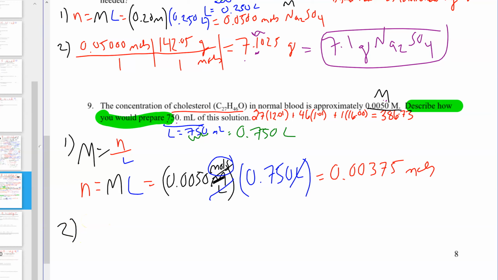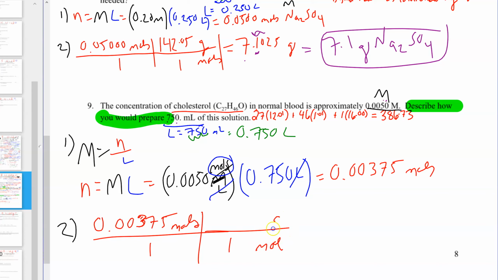So I'm going to take this number 0.00375 moles, put it over 1, and then we want to get rid of mole and go to grams. You got to go to your periodic table. I put the math in right here. So 27 times carbon's mass, C27, 46 times hydrogen mass, that's H46, plus 1 oxygen.